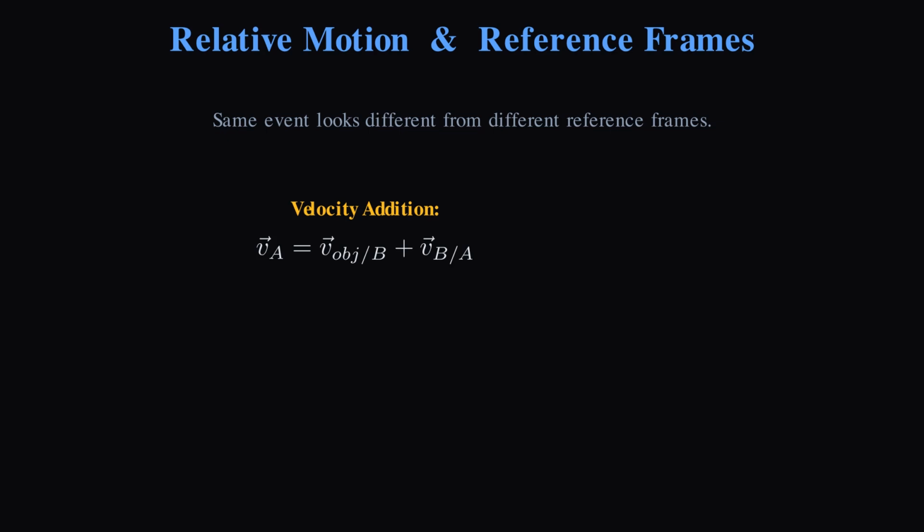This is vector addition. Direction matters. In 2 dimensions, both velocities must be decomposed into components and the components added independently.